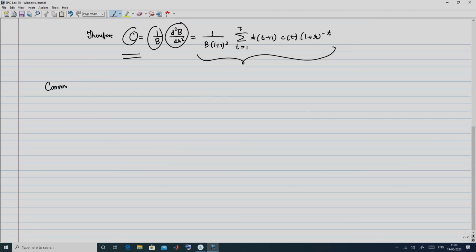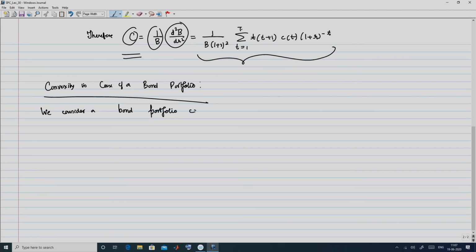So, let us look at the convexity in the case of a bond portfolio. We consider a bond portfolio comprising capital N number of bonds. The setup is the same as that of duration in the case of a bond portfolio.